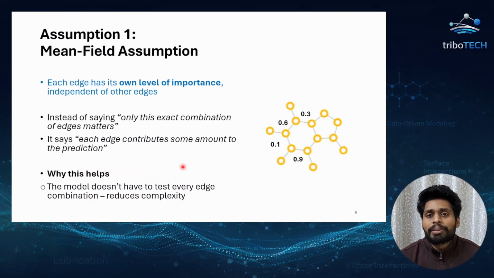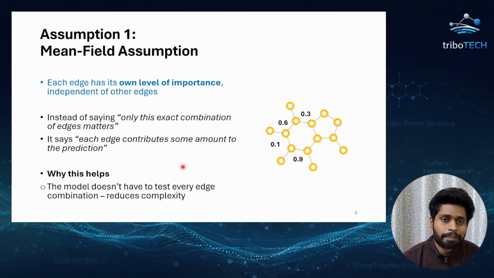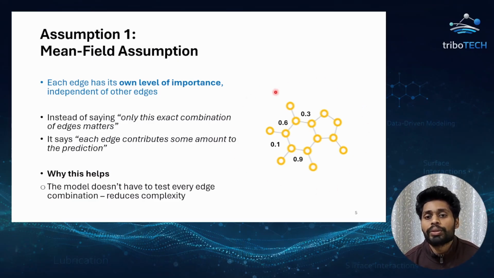So one of the assumptions that an explainer can use is the mean field assumption. Now, what does it say? It says that each edge has its own level of importance, which is independent of other edges. So, what normally used to happen while identifying different important subgraphs within a graph is that an explainer is looking for a combination of edges, right, for a subgraph.